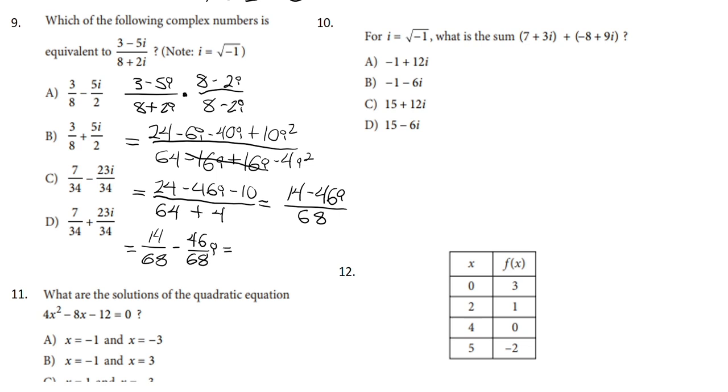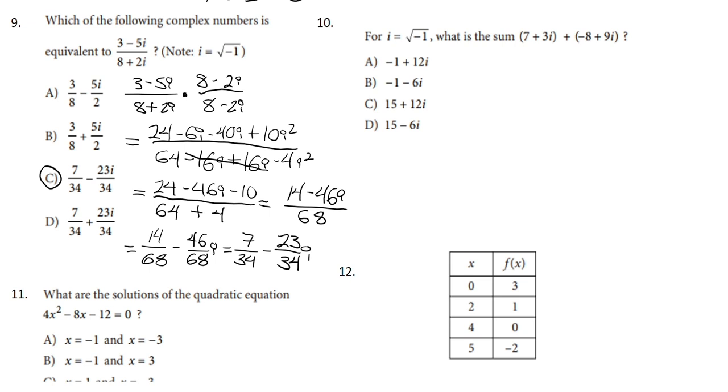And then finally, we need to simplify both of these fractions. We can divide all the numbers by 2. If we divide the first fraction by 2, we get 7 over 34. Minus, if we divide top and bottom of the second fraction by 2, we get 23 over 34i. And if you look at the answers, this is the same as C.